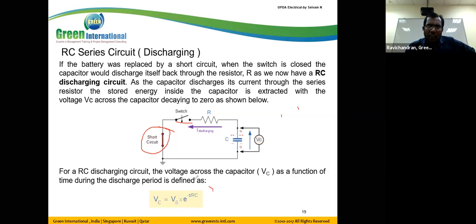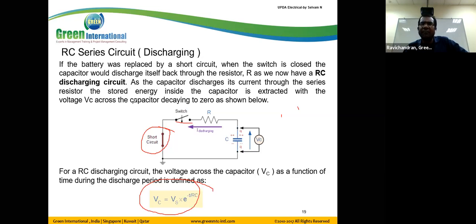So this is the formula for discharging: Vc is equal to Vs into e to the power of minus t by Rc. Here we use Vc, and for charging also we use Vc. So don't confuse the two equations.